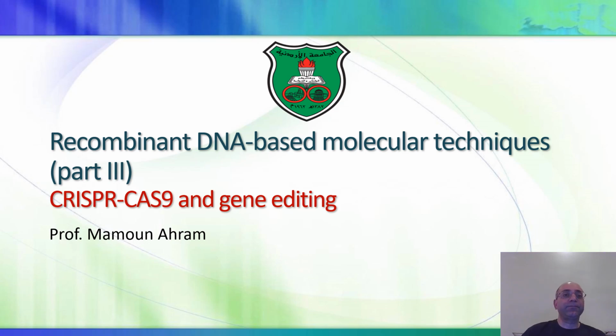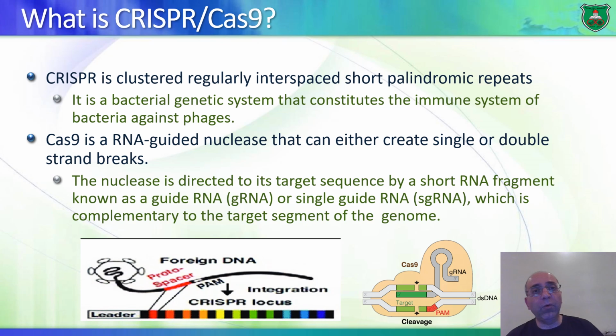So let's start. Okay, so what is CRISPR Cas9? CRISPR is an abbreviation for clustered, regularly interspaced, short palindromic repeats. What do we mean by that? So we talked about repeats. So basically, we're talking about sequences that are repeated.